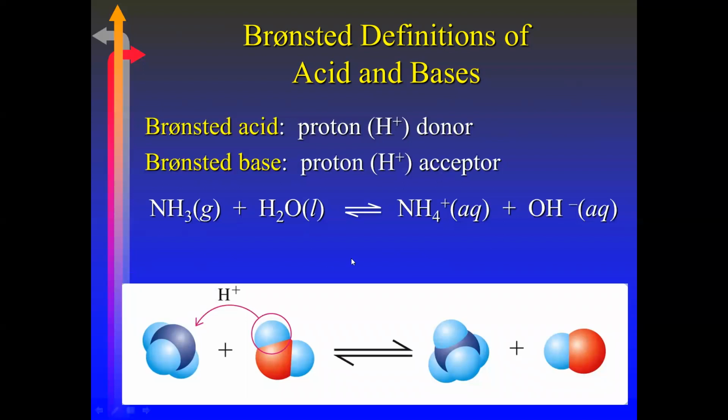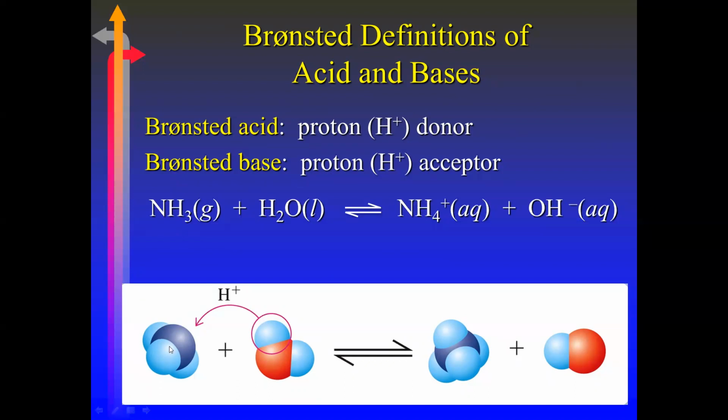Let's come back to ammonia. In this case, you see ammonia accepts one hydrogen ion from water. According to the definition here, a proton acceptor is a base. This is why ammonia is a base.